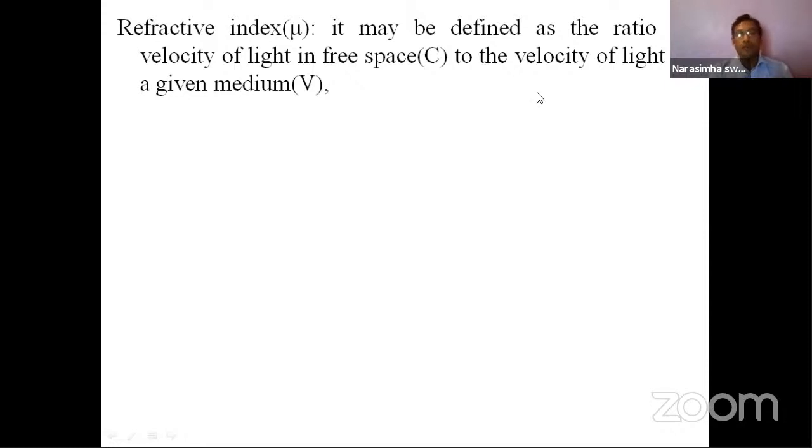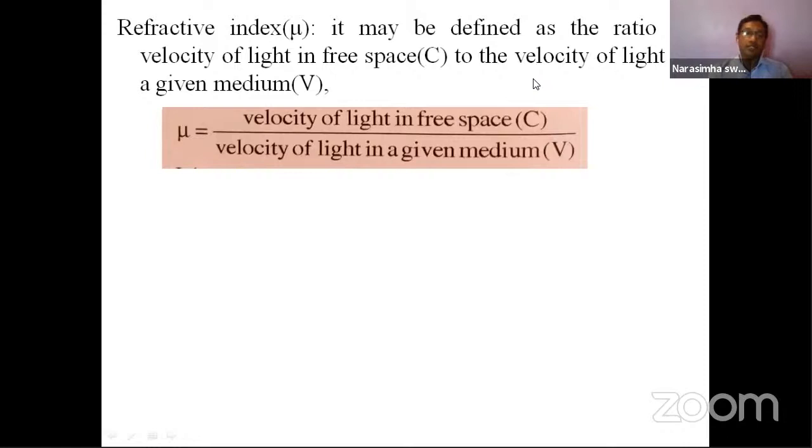Everyone knows that the velocity of light in air is 3 into 10 power 8 meters per second. That is fixed, that is constant, in vacuum or free space, indicated with the letter C here. When the same light is incident on something other than air, definitely the velocity changes.